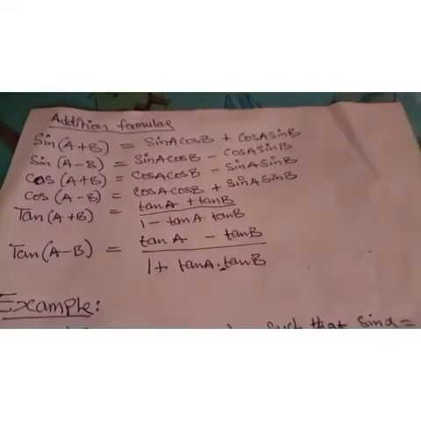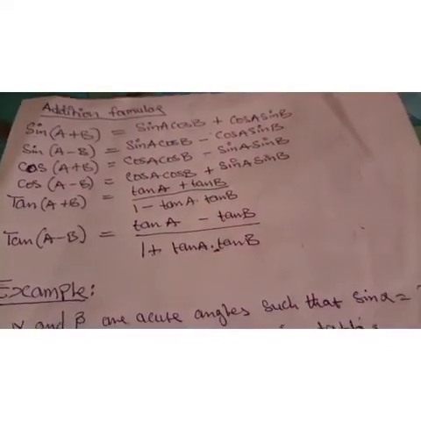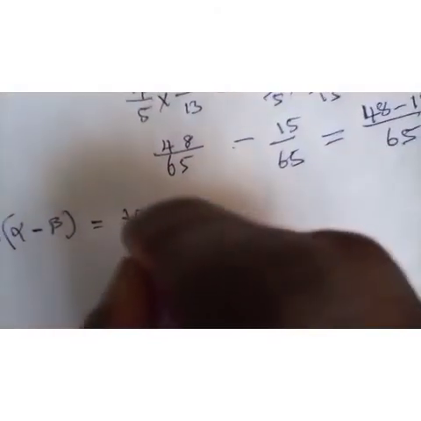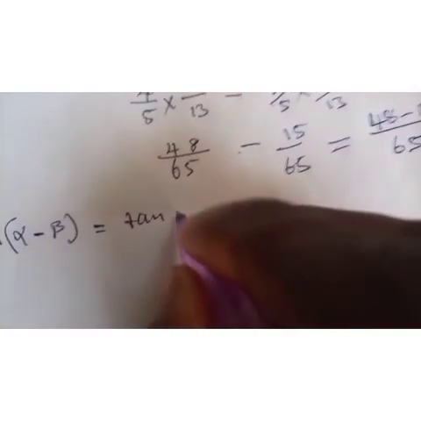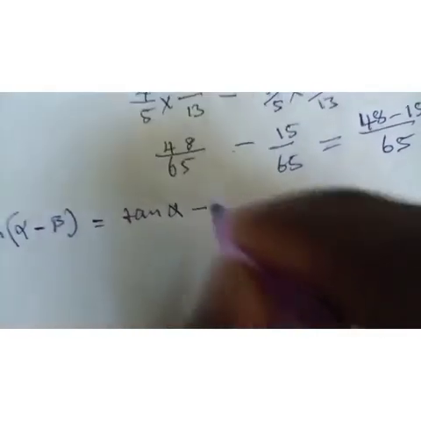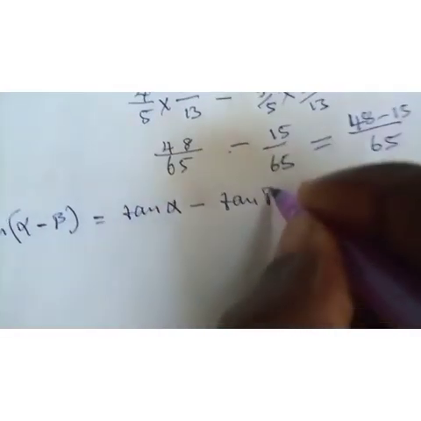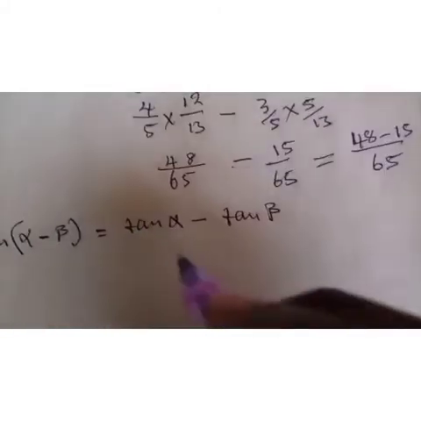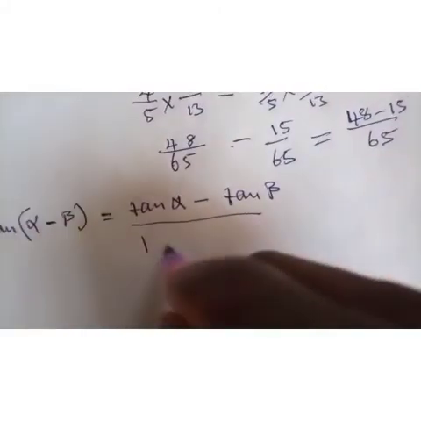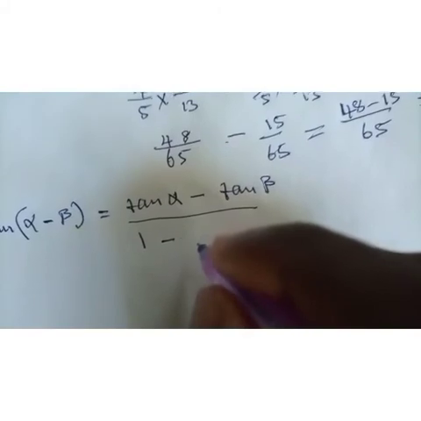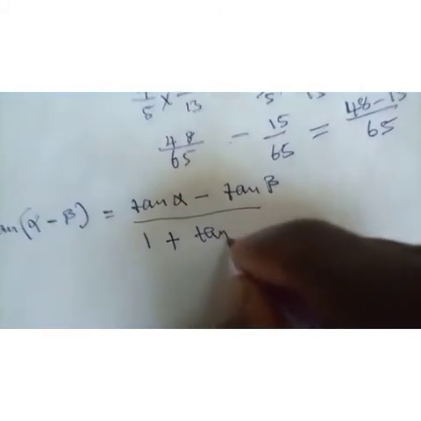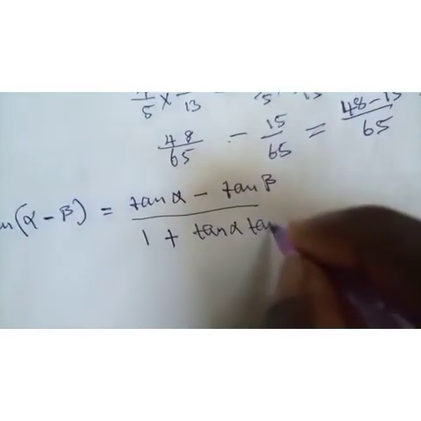If you see the formula for tan(A minus B), it equals tan alpha minus tan beta over 1 plus tan alpha tan beta.